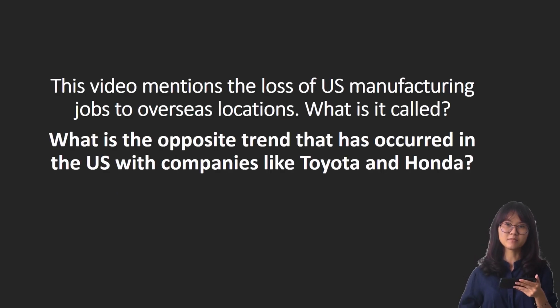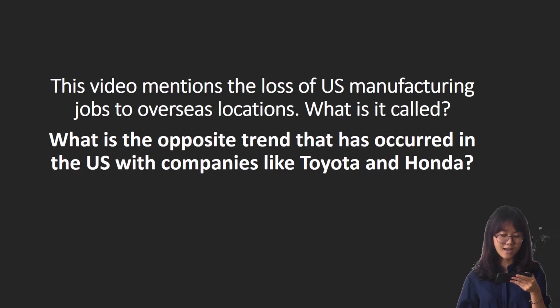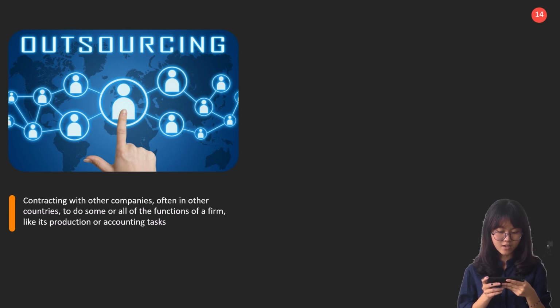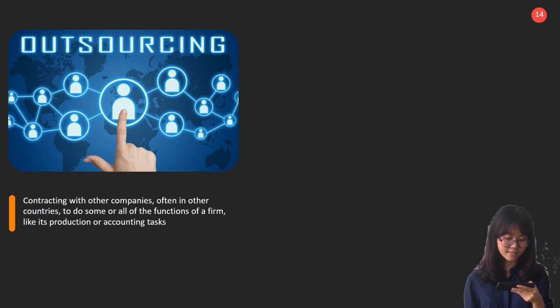The next question of this video case is: this video mentioned the loss of US manufacturing jobs to overseas locations. What is this called? And what is the opposite trend that has occurred in the US with companies like Toyota and Honda? My answer is that the loss of US manufacturing jobs to overseas locations is called outsourcing.